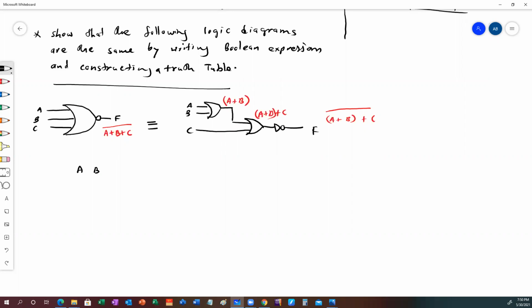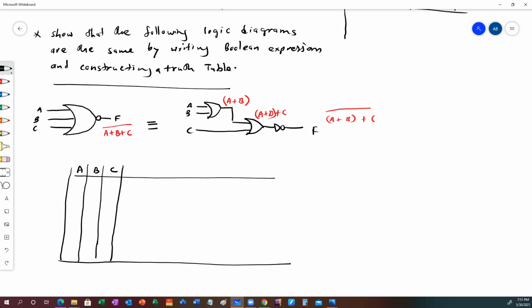A, B, C. All right. Then A OR B, then you get A OR B OR C, then you get A OR B OR C full bar.